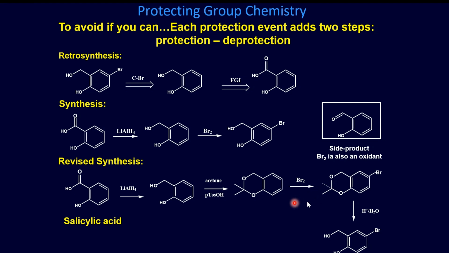The isopropylidene group goes away and I'll get the corresponding salicyl alcohol derivative. By protecting these two OH groups, I made bromine react with the benzene. But I have added one protection step and another deprotection step. The two-step synthesis has become four. But however, I got a pure product.